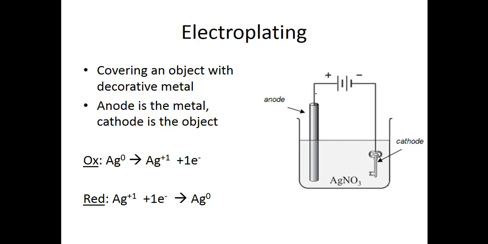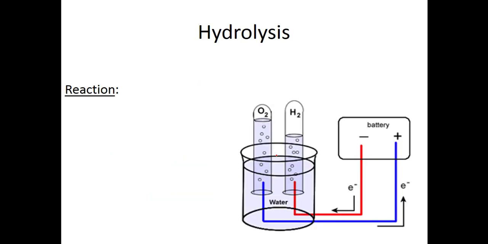The battery basically pulls that electron out of the anode and passes it on to the cathode by attraction and then repulsion, pushing it to the key. The key is now negatively charged because of that electron, and now the ion is attracted to that negative charge, thus causing an electroplate. We're going to watch a little video on that a little later.